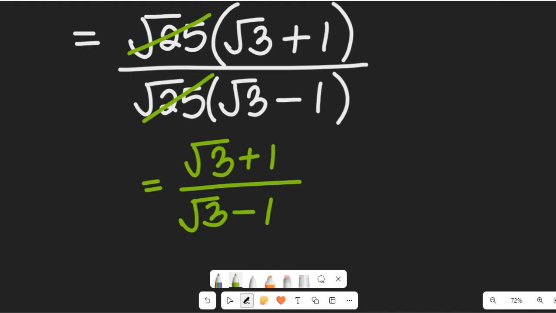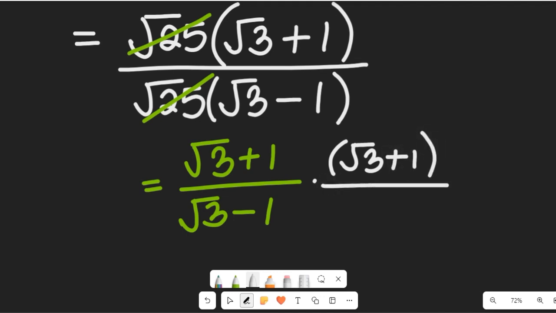So what do we do from here? At this point, we are going to rationalize, and that simply means multiply the numerator and the denominator of this fraction by the conjugate of the denominator. The conjugate of the denominator this time around is going to be the square root of 3 plus 1, and we'll multiply the numerator by the square root of 3 plus 1.